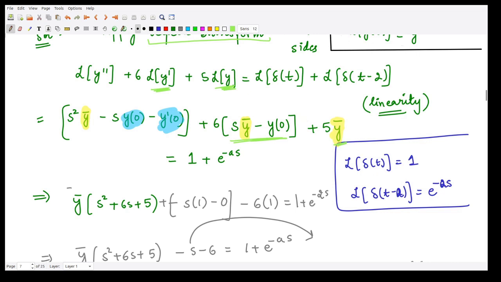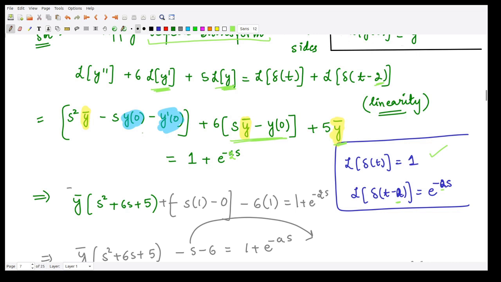Moreover, the Laplace transform of the Dirac delta function delta(t) is equal to 1. This is according to a formula that we already know. And the Laplace transform of the Dirac delta function shifted by 2 units is going to be e^(-2s), because a in this case is 2. So accordingly this will become 1 + e^(-2s).